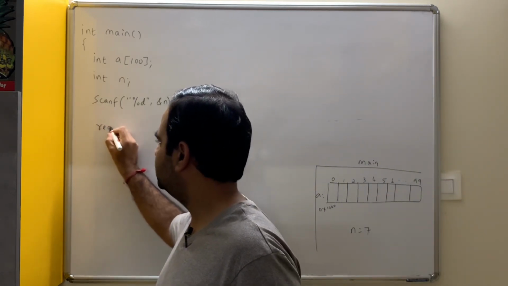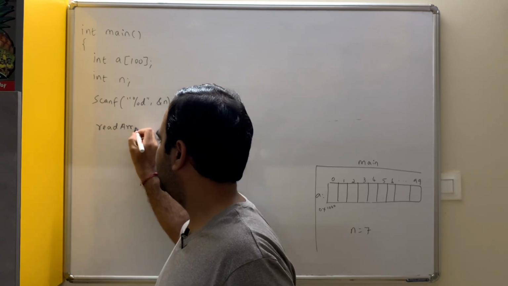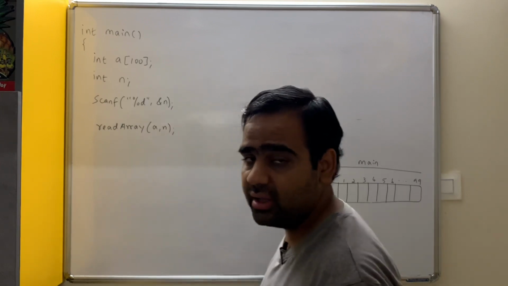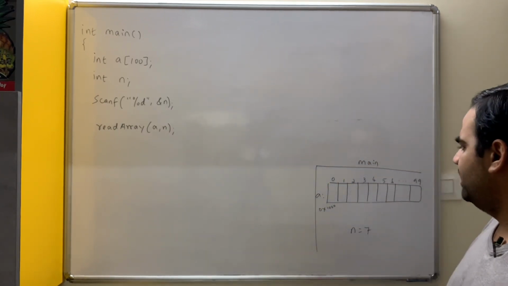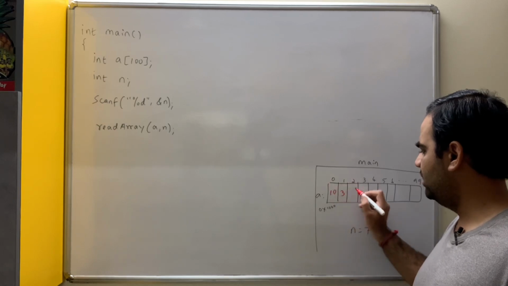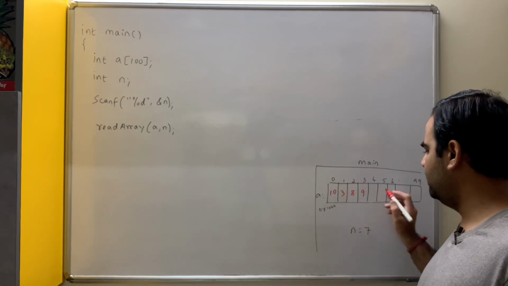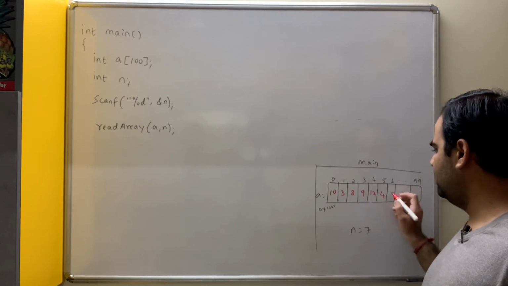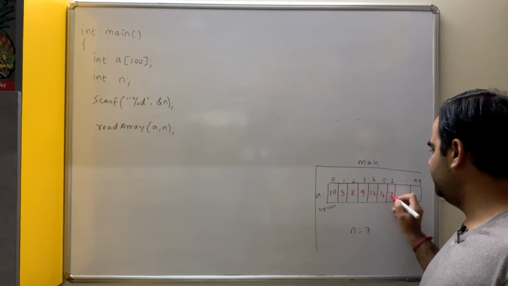We call the function read array. Which array do we want to read? A. And how many array elements are there? There are n array elements. And assume that this read array function reads 10, 3, 8, 9, 12, 4 and 7.